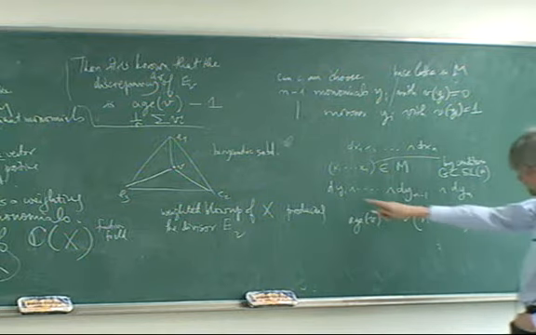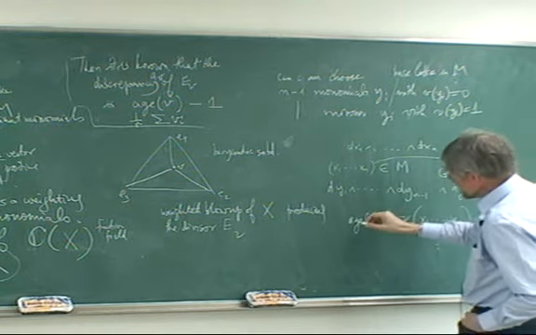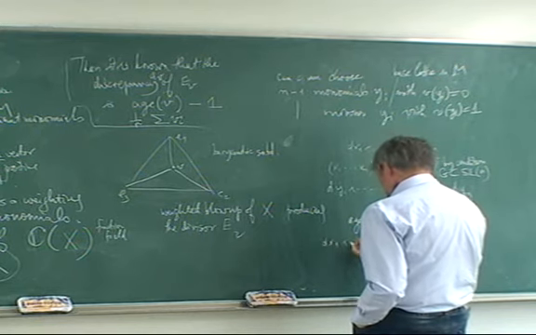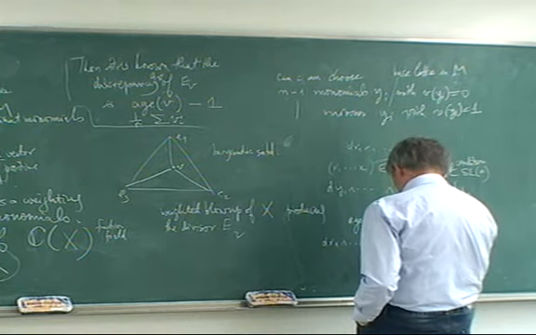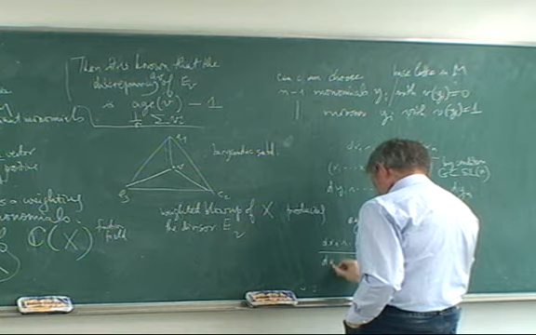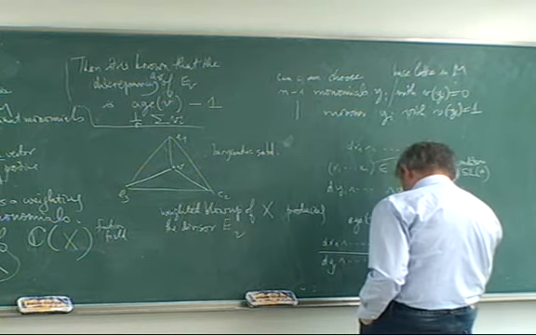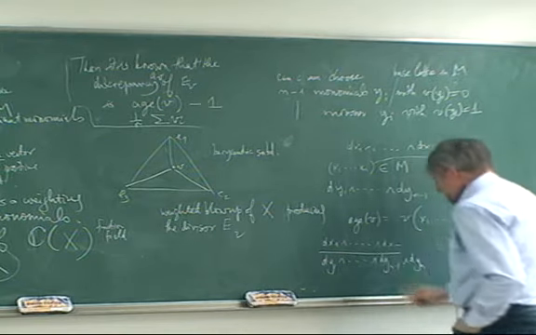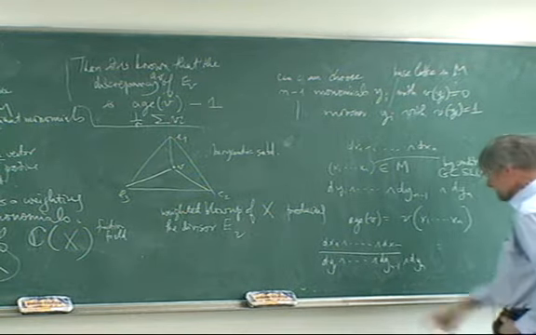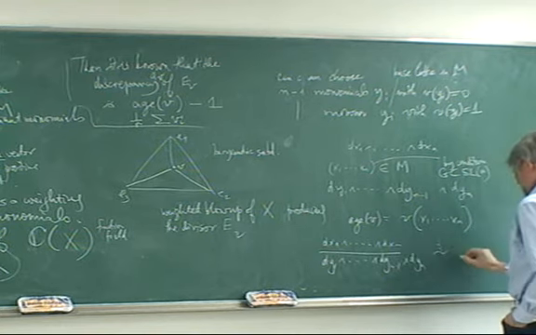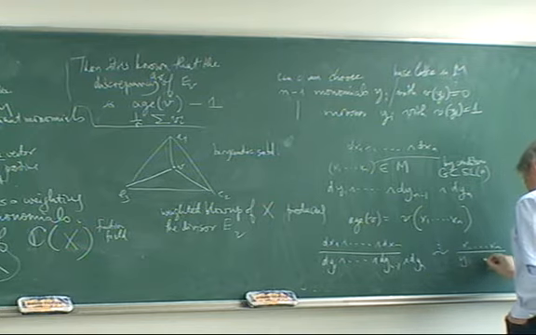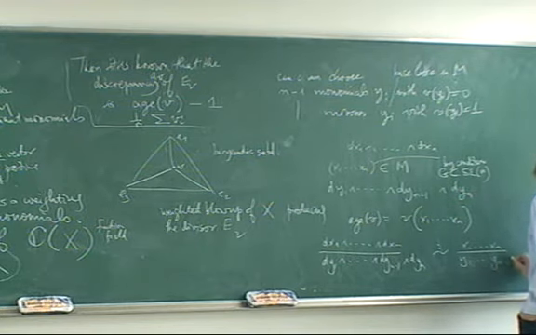Right. And then when I compare it with this, I'm writing down dx_1 wedge dx_n divided by dy_1 wedge dy_(n-1) wedge dy_n. It's not exactly true, but think of this as being x_1 up to x_n divided by y_1 up to y_(n-1) y_n.